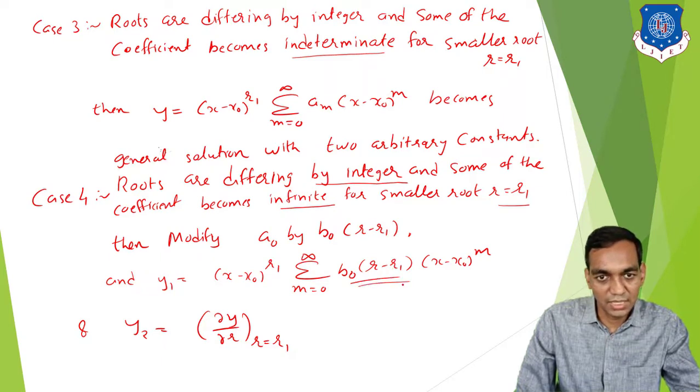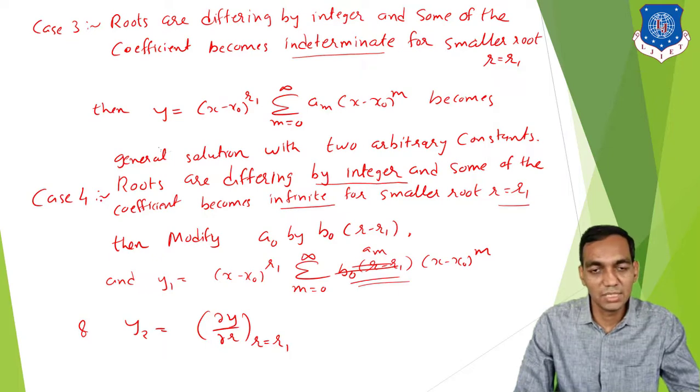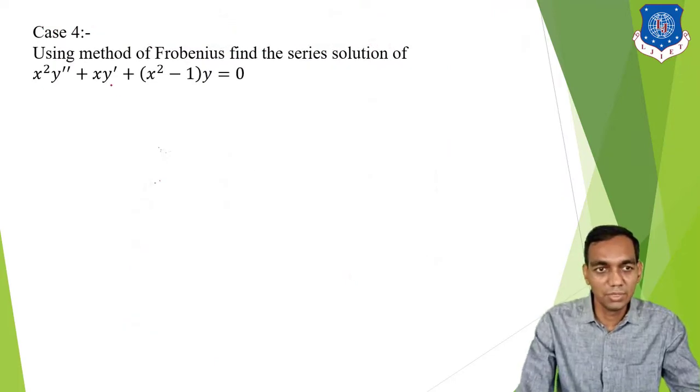It is not exactly in this form. Here I have written it in this form, but it is not right like that. Basically, if you are going to write it, then in am you have to put a0 replaced by b0 into r minus r1. Now, starting with an example, the same thing you have to repeat.